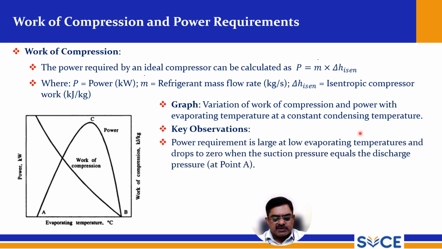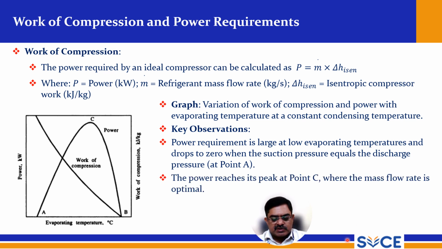The key observation here is the power requirement is large at low evaporating temperatures and drops to zero when the suction pressure equals the discharge pressure at point A. The power reaches its peak at point C, where the mass flow rate is optimum.